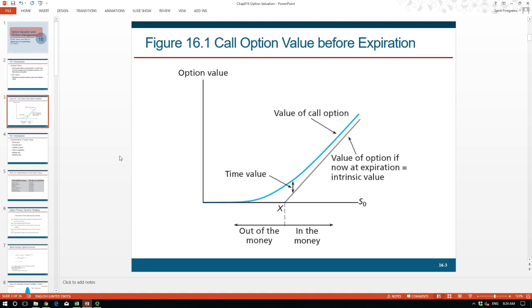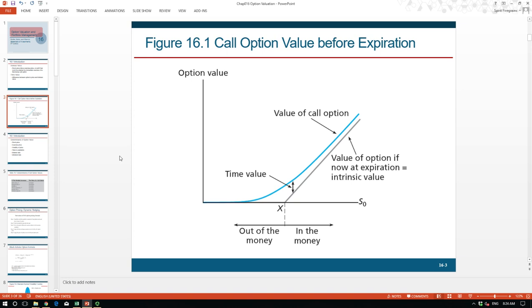So in this case, the investor simply lets it go, and the payoff should equal 0. So between 0 and X, you see a flat line, that is the intrinsic value for an out of the money option, equal to 0. So this 45-degree line plus this horizontal line between 0 and X is the intrinsic value of an option. Or we can say this is the payoff of an option without consideration of the option price.